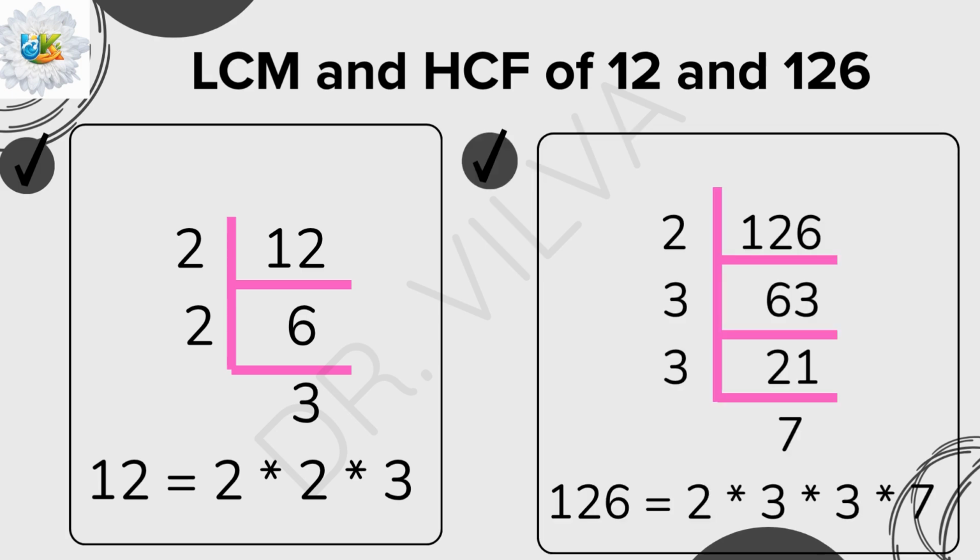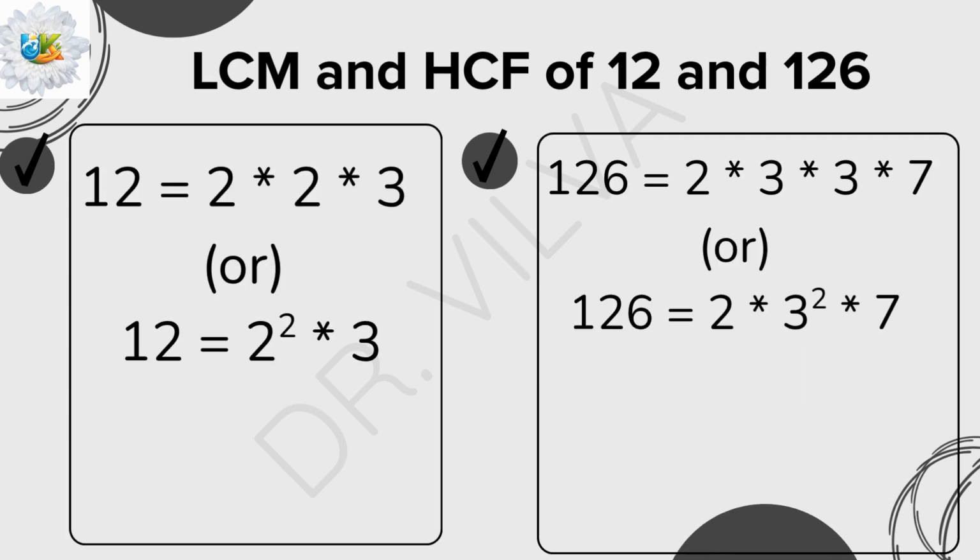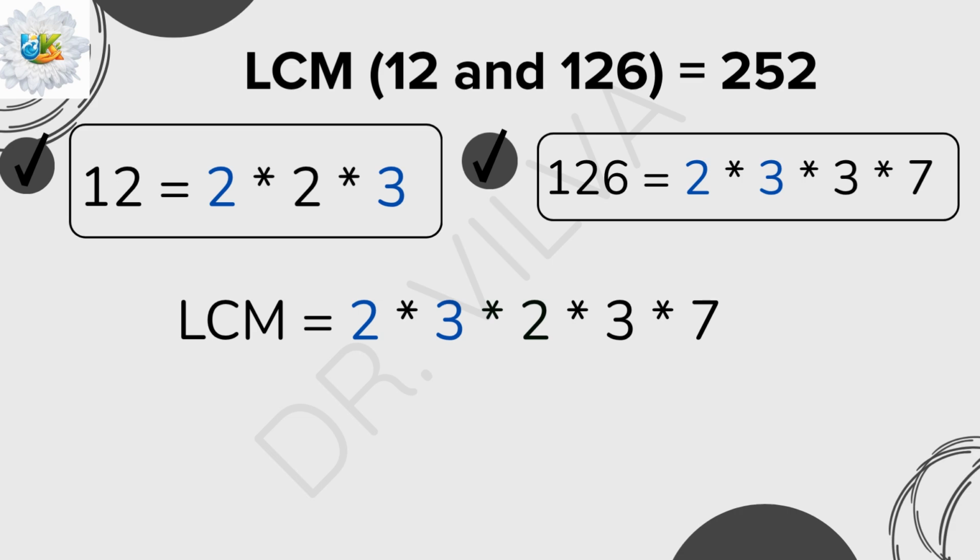In a similar manner, 126 can be written as 2 times 3 times 3 times 7. When comparing the prime factors of these two sets, 2 and 3 appear in both the sets. Since these prime factors are common to both numbers, we only write them once when calculating the LCM.